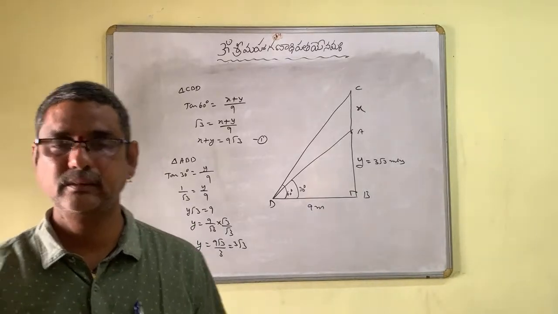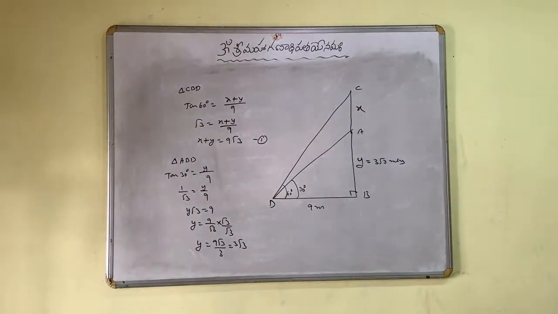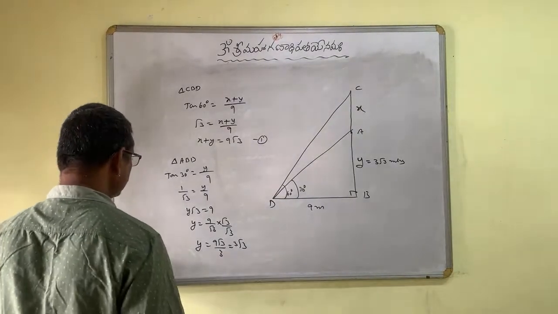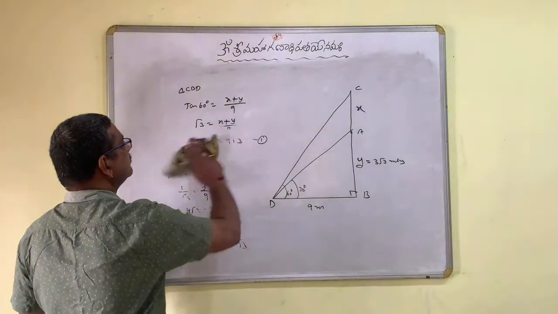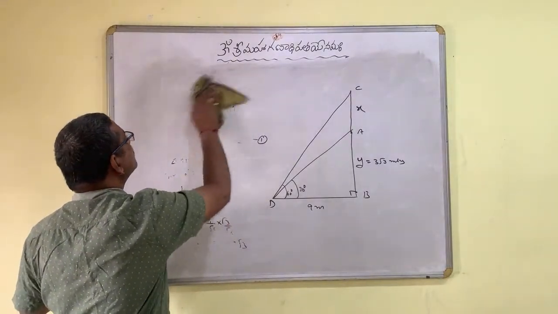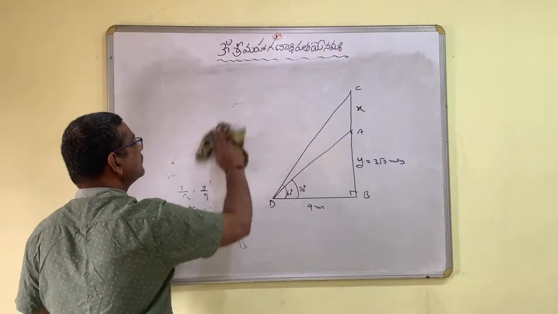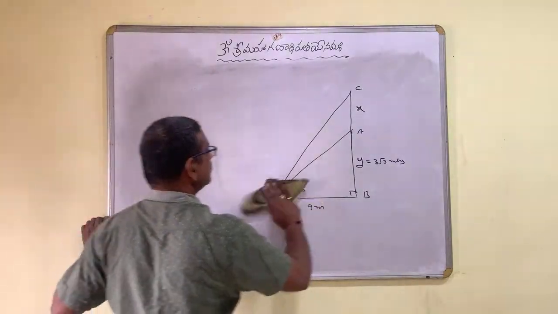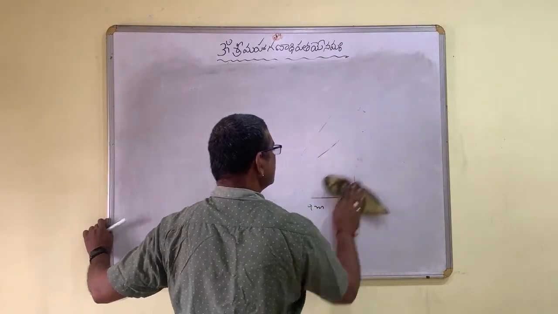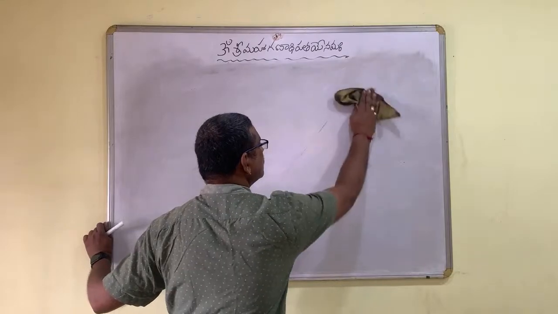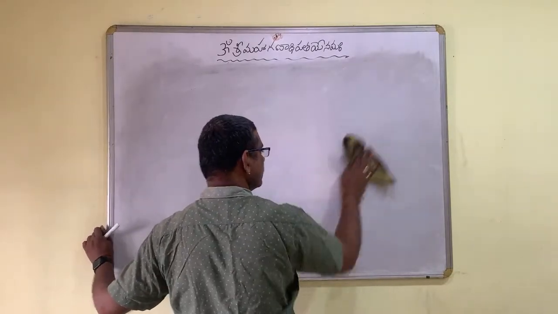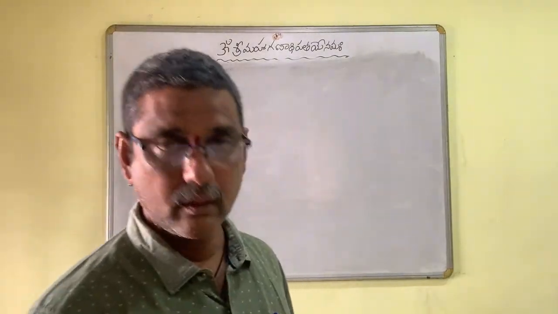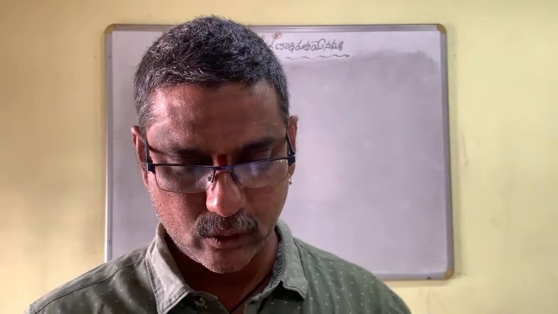Okay, 6 root 3 right. Y we know 3 root 3, x plus y is 9 root 3, so x is 6 root 3. Next question.